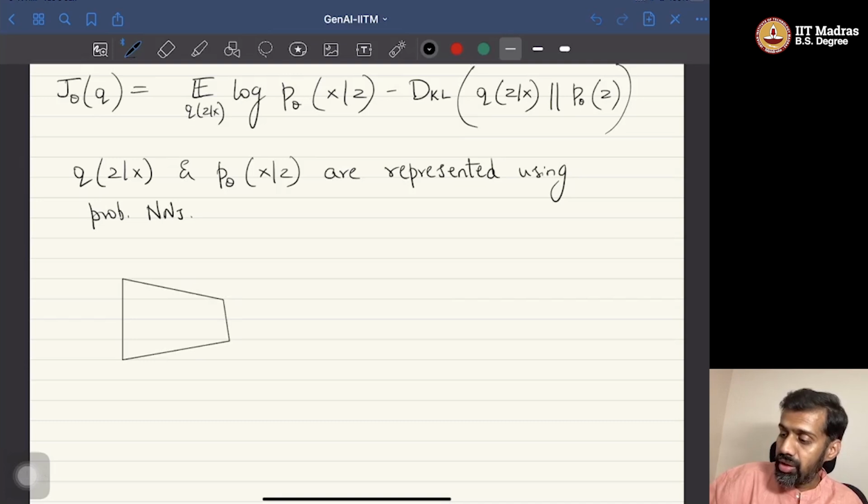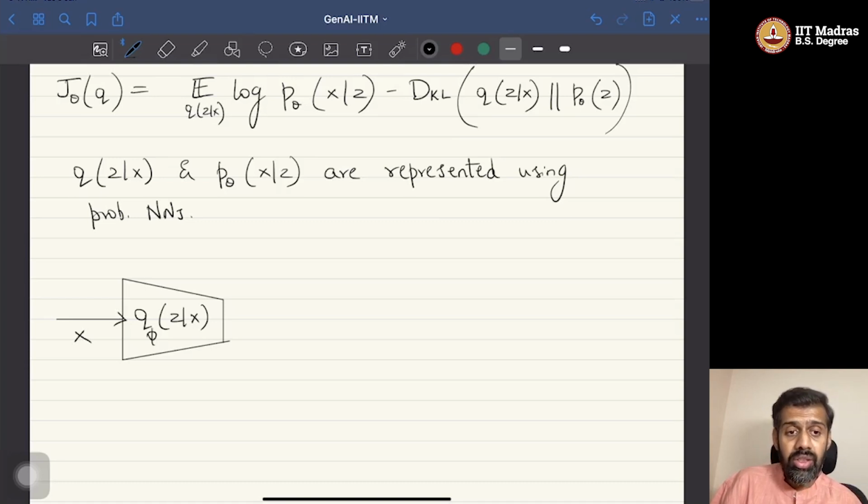This neural network represents q of z given x. The parameters of this neural network are denoted by phi, and this neural network takes x as input because this is a conditional distribution. What it gives out are the parameters of the distribution q phi of z given x. And there is another neural network that represents the conditional data likelihood.